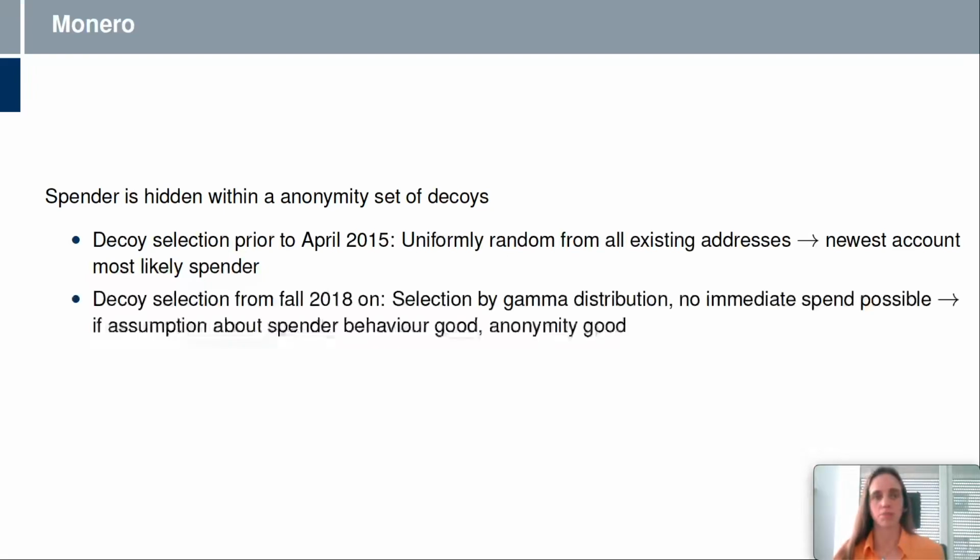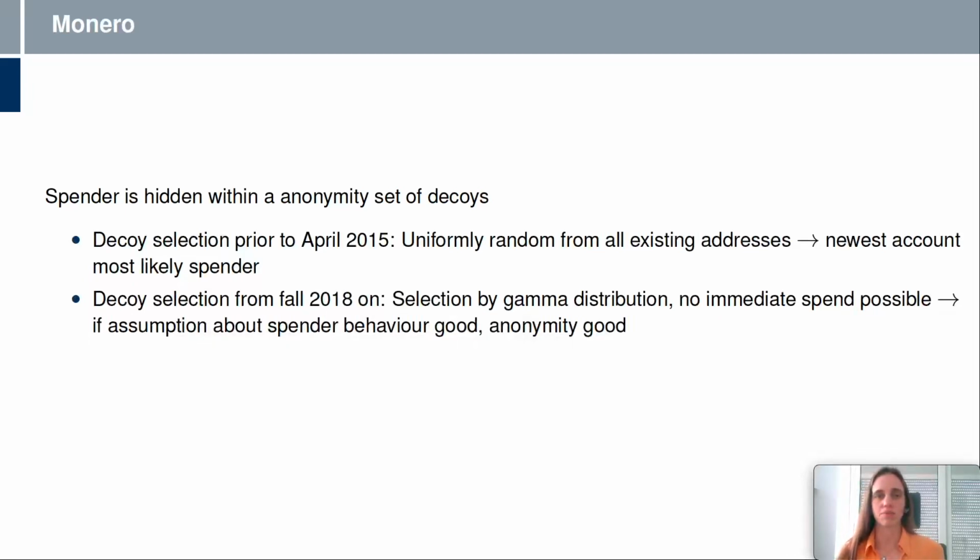So after some alteration, finally, decoy selection from fall 2018 on is now done by a gamma distribution. And we will show that if we consider the probability that someone really is the signer and therefore is the one who wants to create a ring at a certain point in time, then it's actually good to use this distribution.